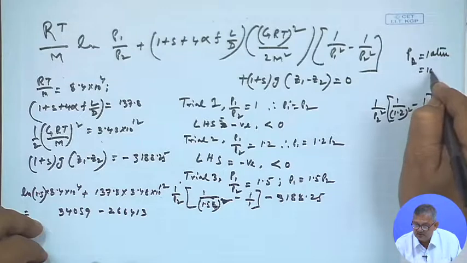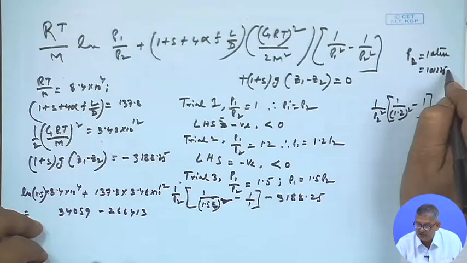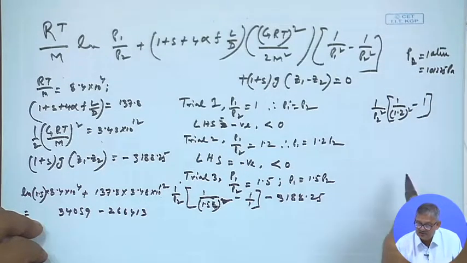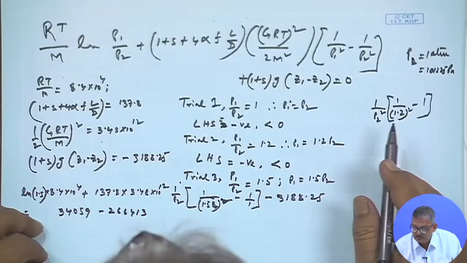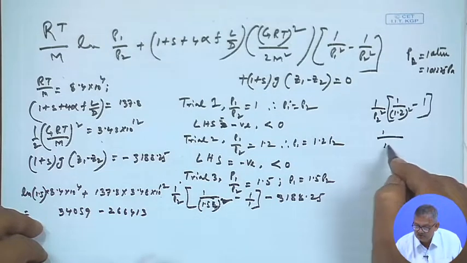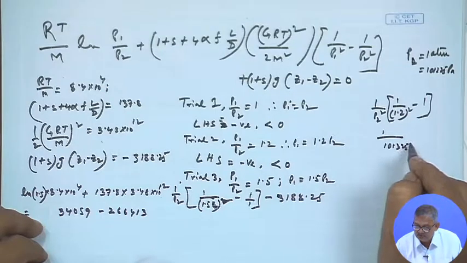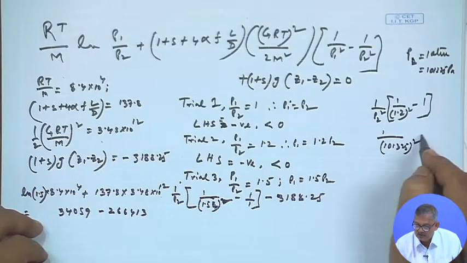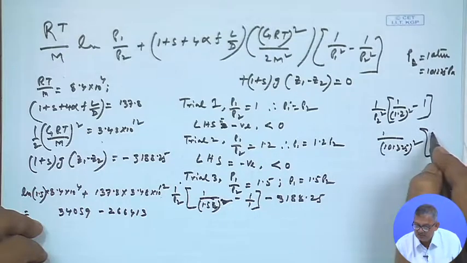That is 101325 Pascal, right? That is P2. So if we write the value of P2, 101325 square into 1 by 1.2 square minus 1.